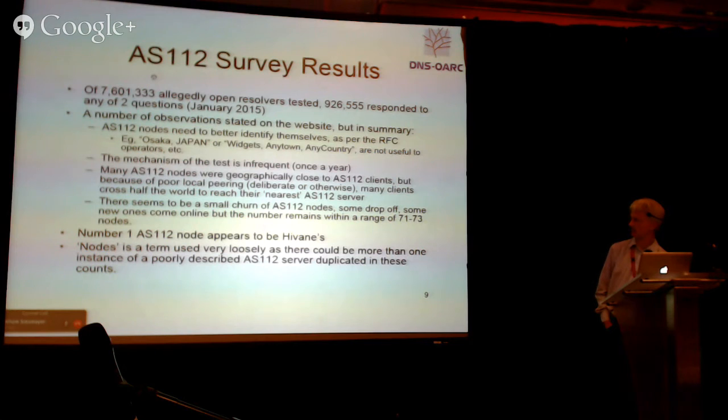I get all sorts of interesting feedback in trying to find where all of these are, and not just the results in particular, but the nodes themselves. By client count, it looks like the one that Ivan operates in Paris is the number one globally. And note that I use the word nodes very, very loosely here. All right, next slide.